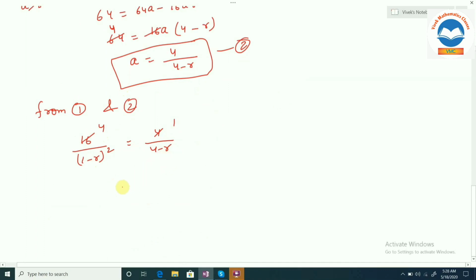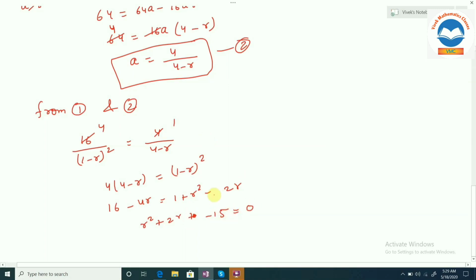If you cross multiply, you will get 4 into (4 minus R) equal to (1 minus R) whole square. Multiplying, 16 minus 4R will be equal to 1 plus R square minus 2R. Bring everything to one side: R square plus 2R minus 15 will be equal to 0.